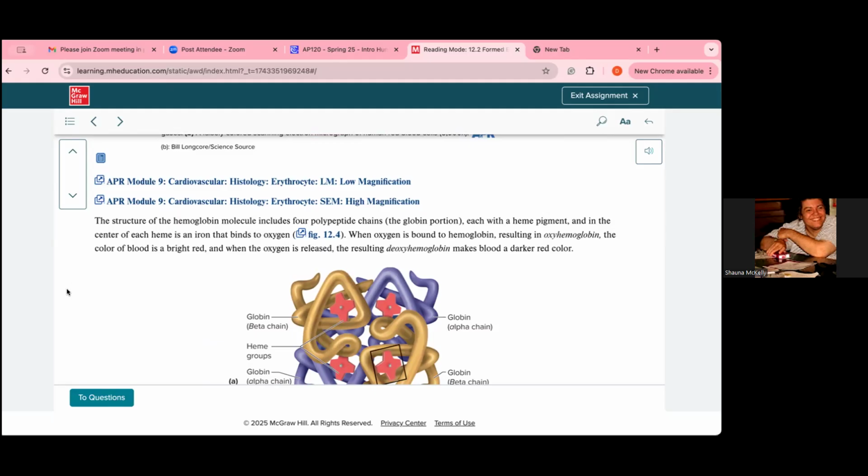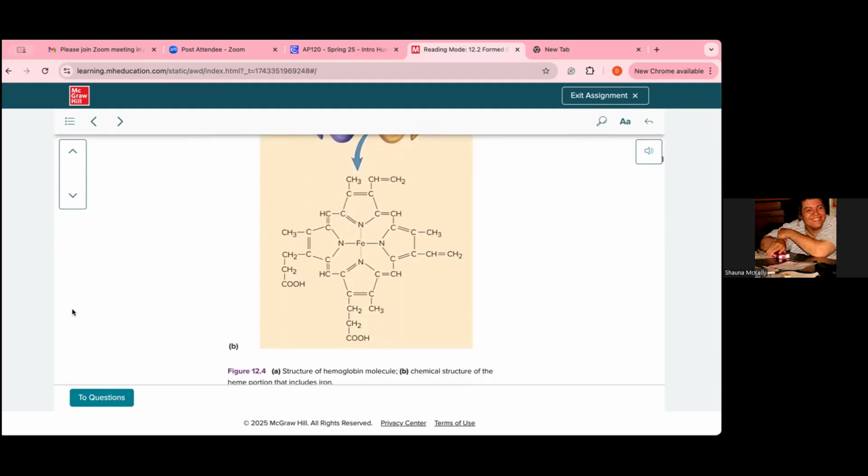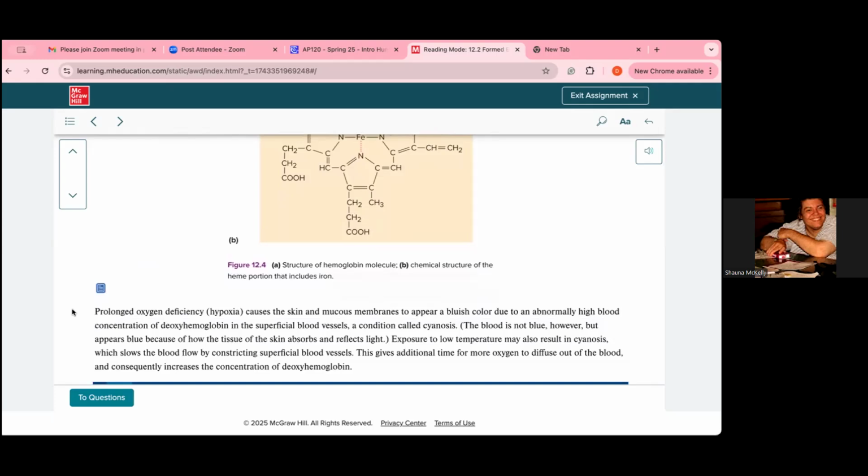Okay, scroll up, because that's not exactly what we're looking for. Prolonged oxygen deficiency, hypoxia, causes the skin and mucous membranes to appear a bluish color due to an abnormally high blood concentration of deoxyhemoglobin in the superficial blood vessels, a condition called cyanosis. The blood is not blue, however, but appears blue because of how the tissue of the skin absorbs and reflects light.